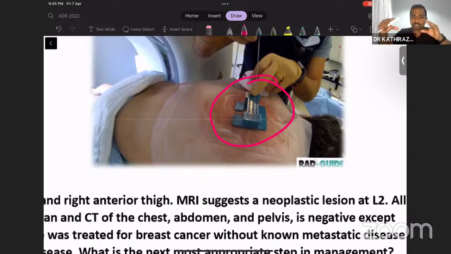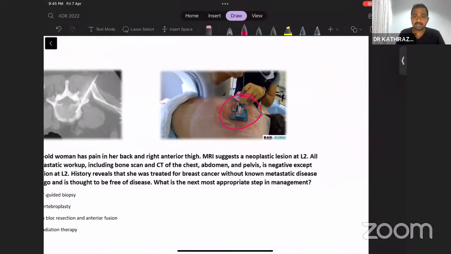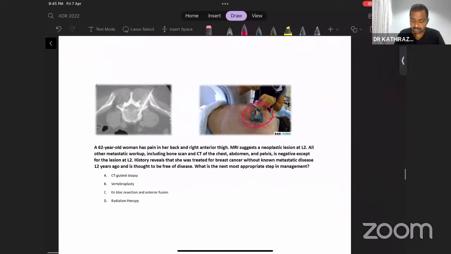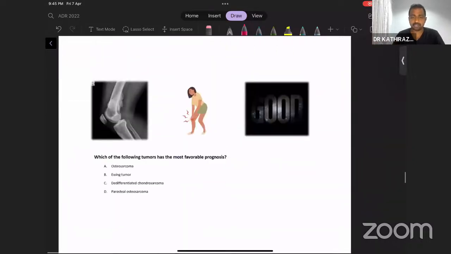So they will use this graduated scale like thing: if I go to this hole, I'm still not able to touch the tumor, so let me put in this one, this one, this one. So sometimes they can just display this picture and ask what procedure is being done. So just for the sake of it, I have to explain those things.